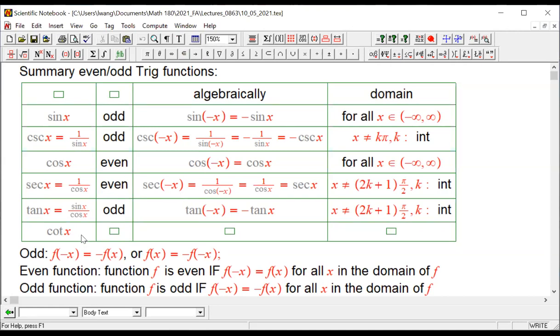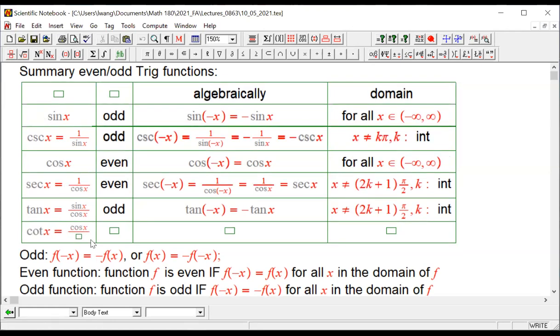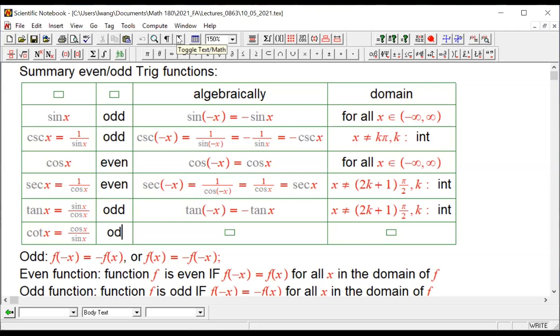From all we have done, cotangent is just cosine over sine. So cotangent of negative x is equal to negative cotangent x. And the domain of cotangent is the same as cosecant.